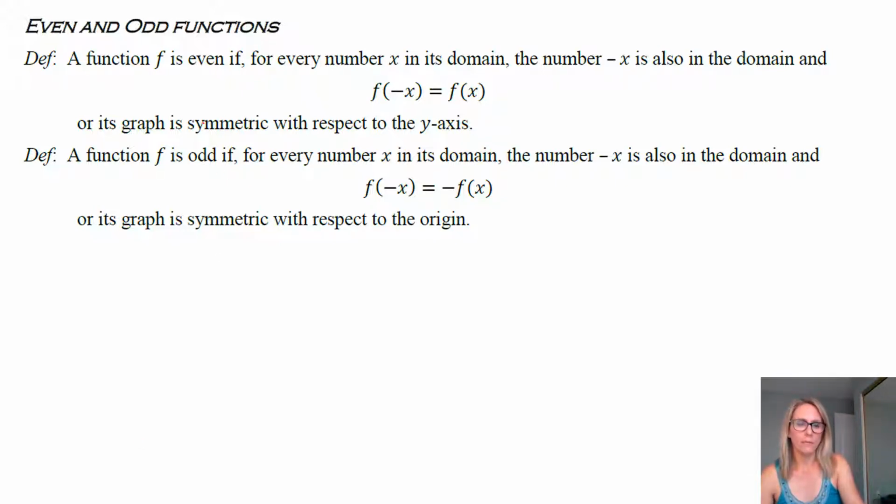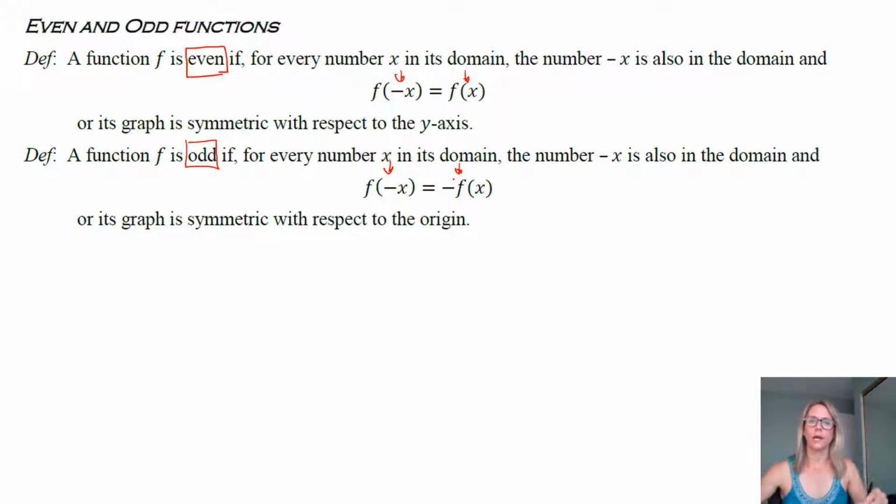A function is even if, when you plug in negative x, you get the original function back after simplification. A function is odd if you put in negative x, same thing, but out comes the negative of your function, so negative 1 times f of x. If you can rewrite it in that way, then you have a function that is odd.